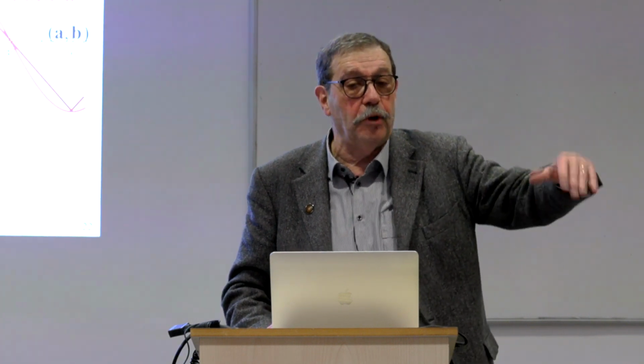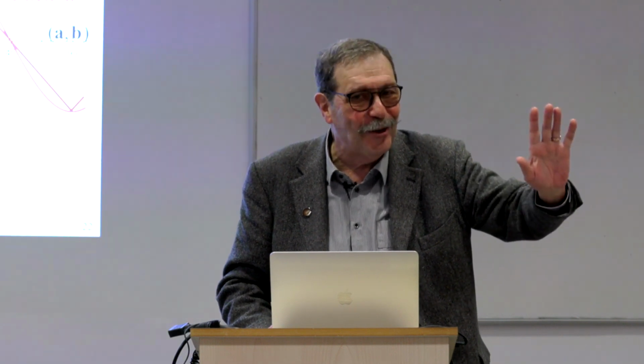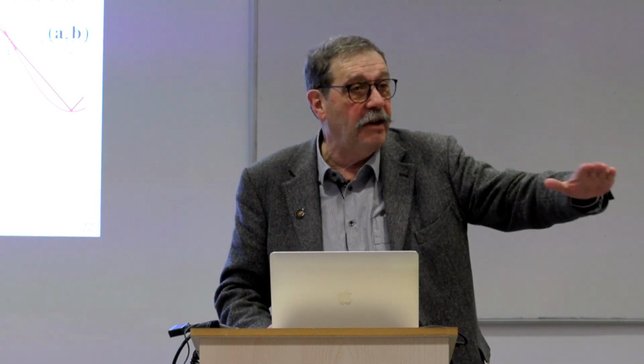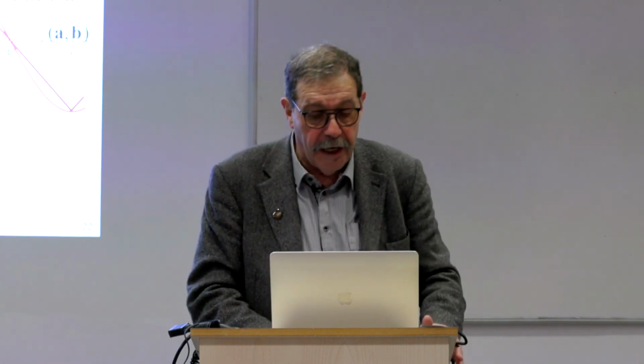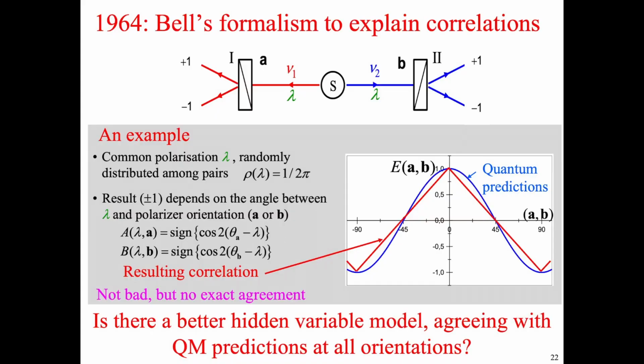And you must have a frontier, because once again it's dichotomic, and you put the frontier at 45 degrees. And that's all. So the function which is here, I'm sure that Jean-Pierre has already seen that it does the job, okay? And when you use that, you find the red line, which is not bad compared to the quantum prediction. It gives full correlation at 0 degrees, full correlation at 90 degrees, and it's not so far.